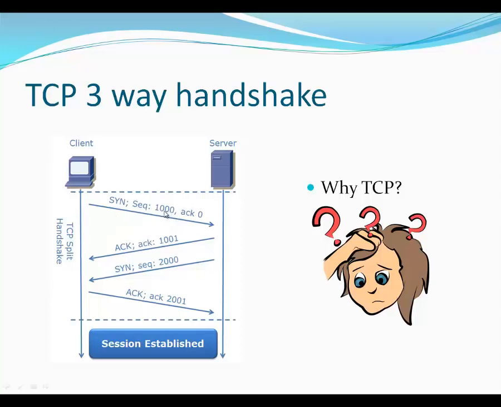So it knows my message was received by the server. Now the server also wants to know whether the acknowledgement it sent was successfully received by the client. So it also sends a SYN packet, similar to the very first request the client sent, with a sequence number. And then finally the client responds with an acknowledgement to this SYN packet, incrementing the value by 1.